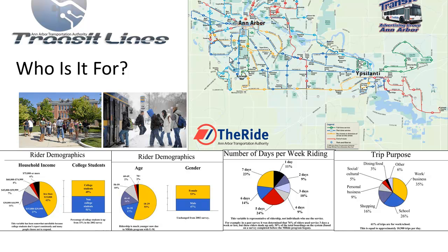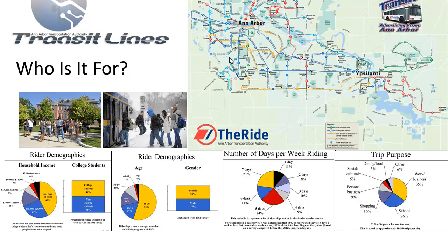Now, these bus lines travel to and from in the greater Ann Arbor area, which covers two major cities, which is Ann Arbor, Michigan, and also Ypsilanti, Michigan. In those two particular areas, as far as students are concerned, there are two major colleges.